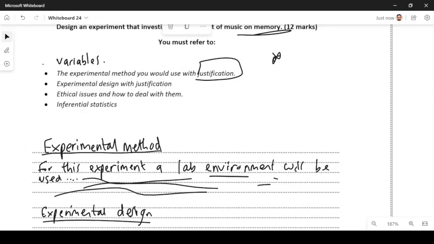So if I take a step back a second for the experimental method, if you wanted to choose maybe a field experiment, and you were saying it would be less prone to demand characteristics, you can't just say they'd be less prone to demand characteristics, so they'll be less likely to change their behaviour. What you want to do at that moment is say, in what way?